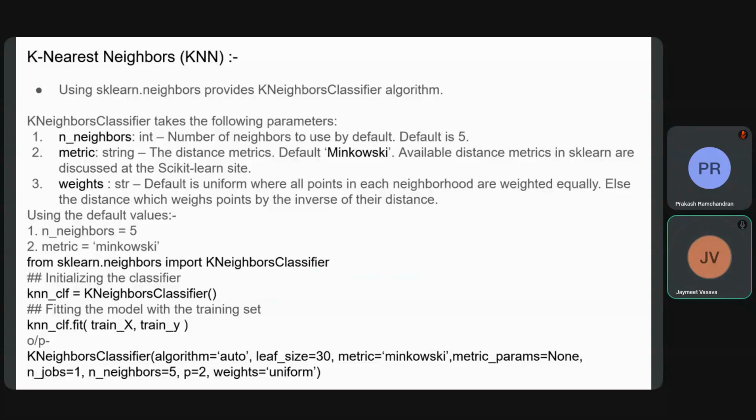So we will be using the number of neighbors as 5, and the metric as Minkowski. We'll be using default values for other parameters as well.